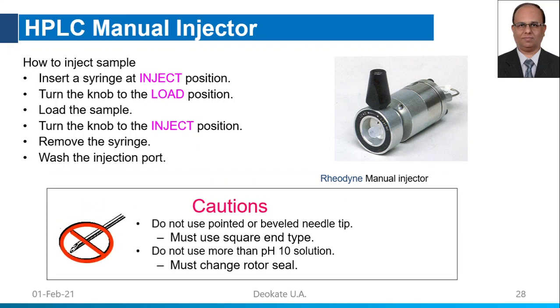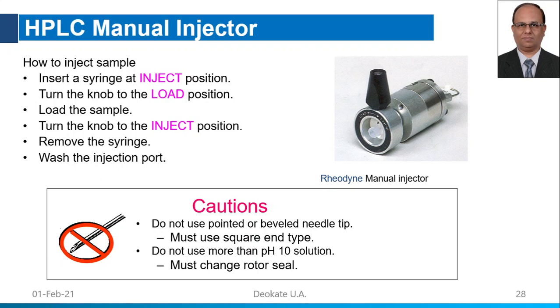Certain precautions are required when you are using such Rheodyne injectors. These Rheodyne injectors are generally fixed volume injectors. We are using 20 microliter loop injectors in our laboratory. In manual injectors, generally they are available with a fixed loop capacity of 10 to 20 microliters.